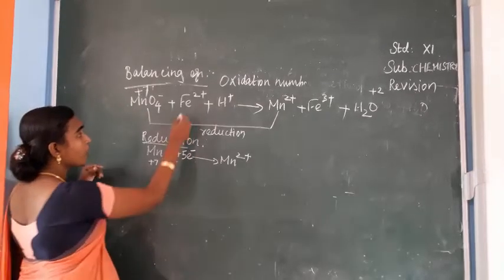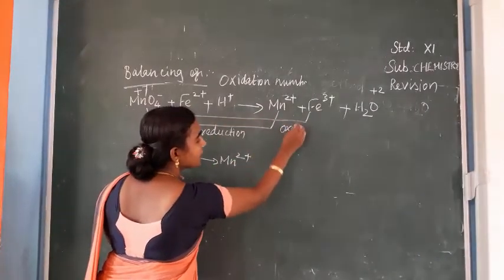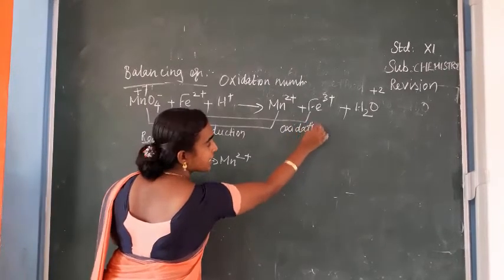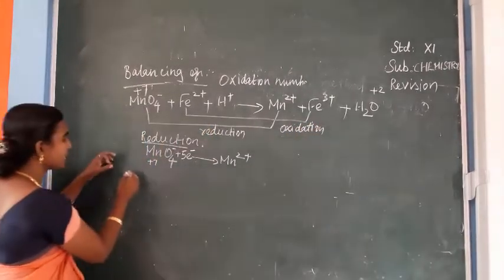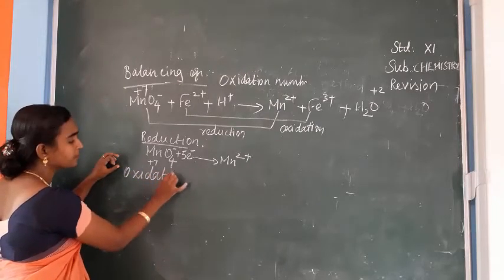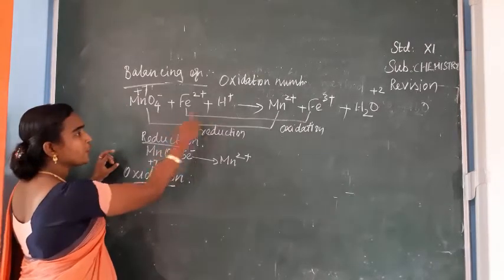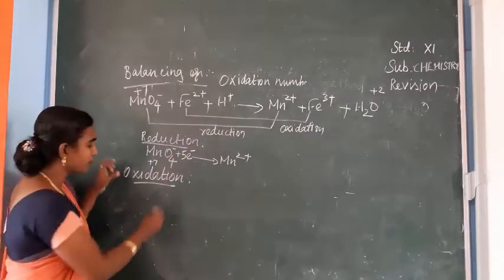So next we have marked this Fe2 plus has converted into Fe3 plus. So that is called the oxidation reaction, isn't it? So this oxidation reaction we can write like this. Oxidation. So Fe2 plus has converted into Fe3 plus.